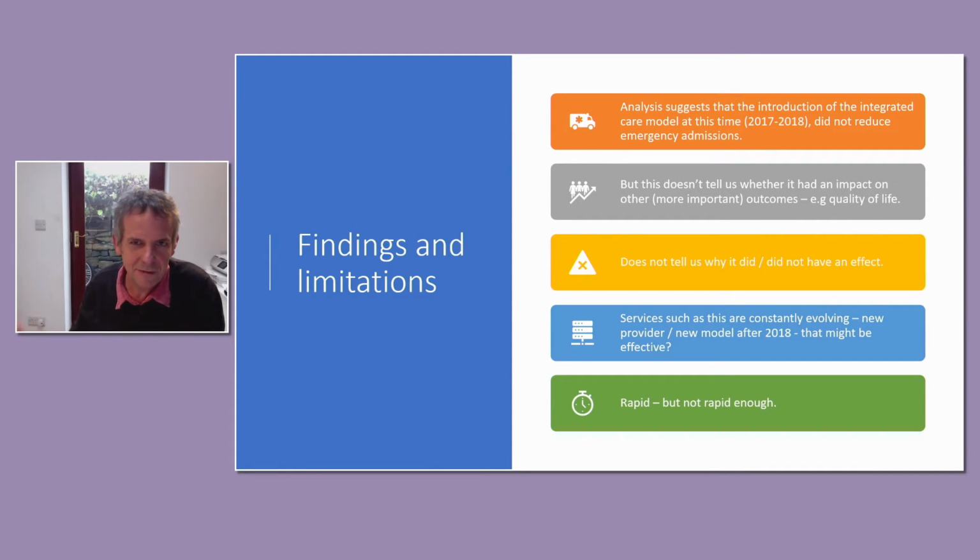Whether it's rapid enough to feed into the commissioning process that Helen outlined is another issue, but now that we've got those systems in place, we can turn that analysis around much faster to look at the ongoing impact of those services to feed into that process. And I'll hand back to Helen.